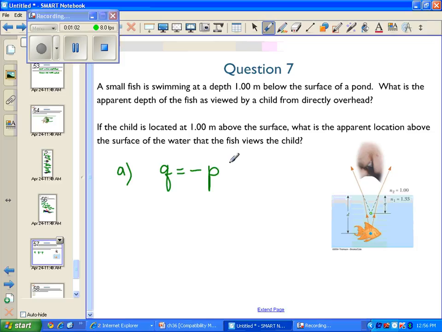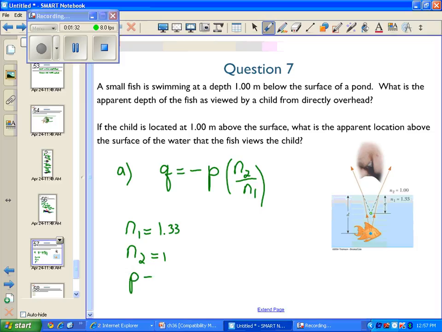In the case of the fish viewing the child, n1 is equal to 1.33 because the light has to leave the water to enter the air. Therefore, n2 is equal to 1.